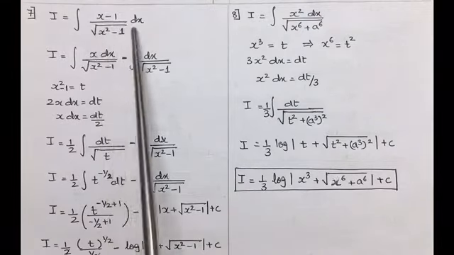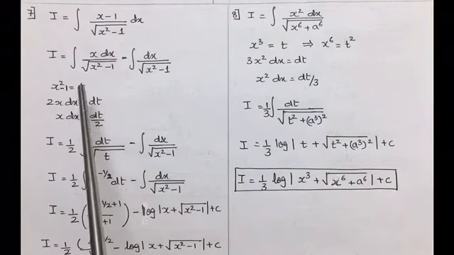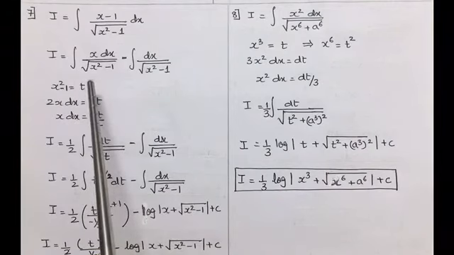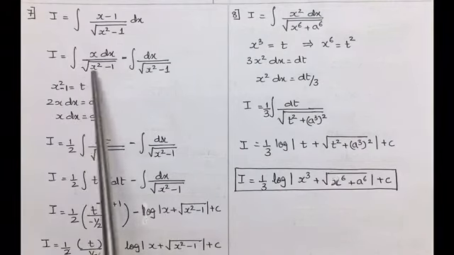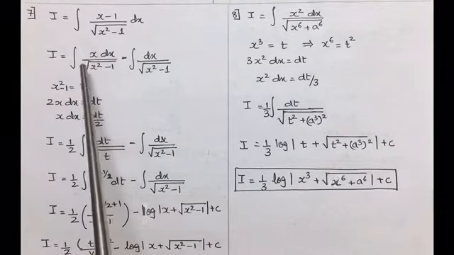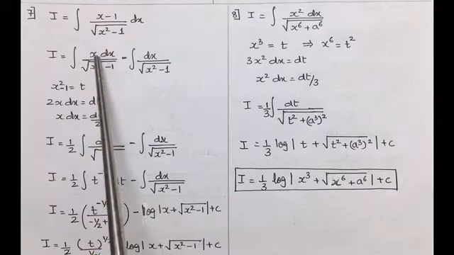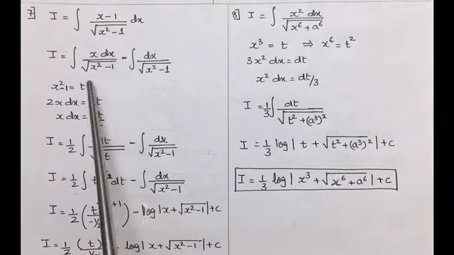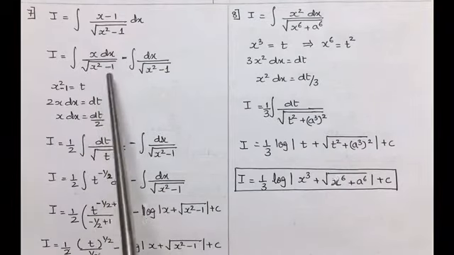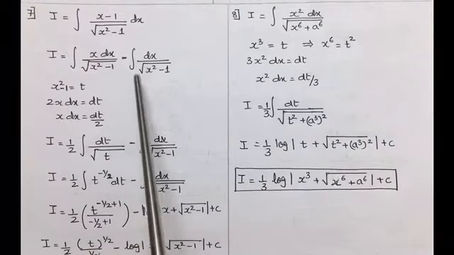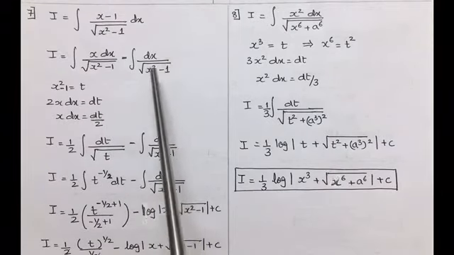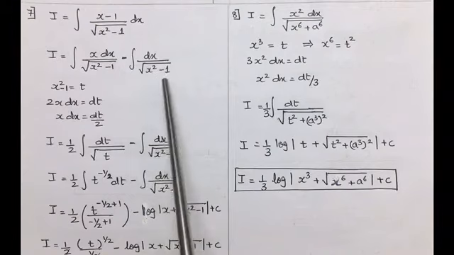So we will separately divide both. Now separately dividing both, we get integration x dx upon under root x square minus 1 minus integration dx upon under root x square minus 1.